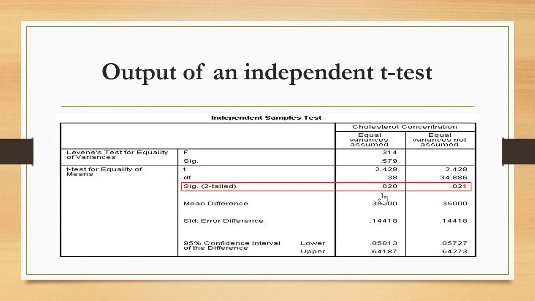As you can see, the Sig. (2-tailed) here is 0.021, and this value is below 0.05, and therefore we reject the null hypothesis, which states that there is no statistically significant difference between the two groups.